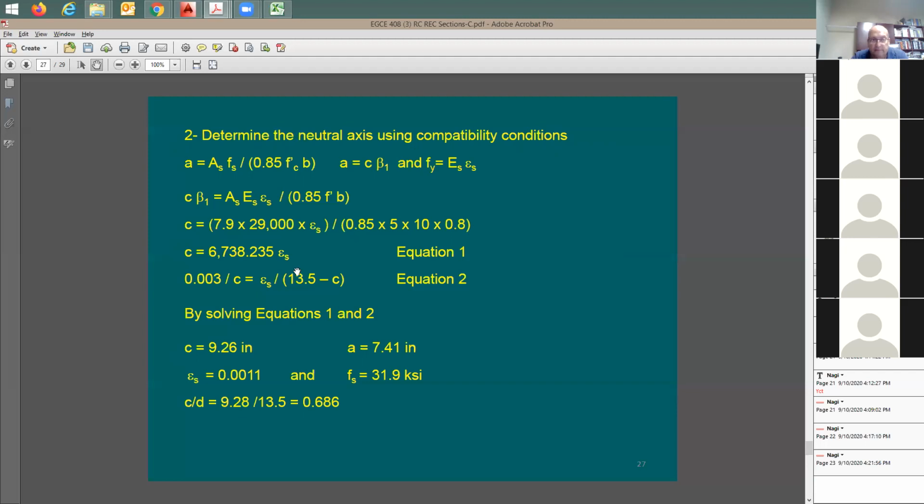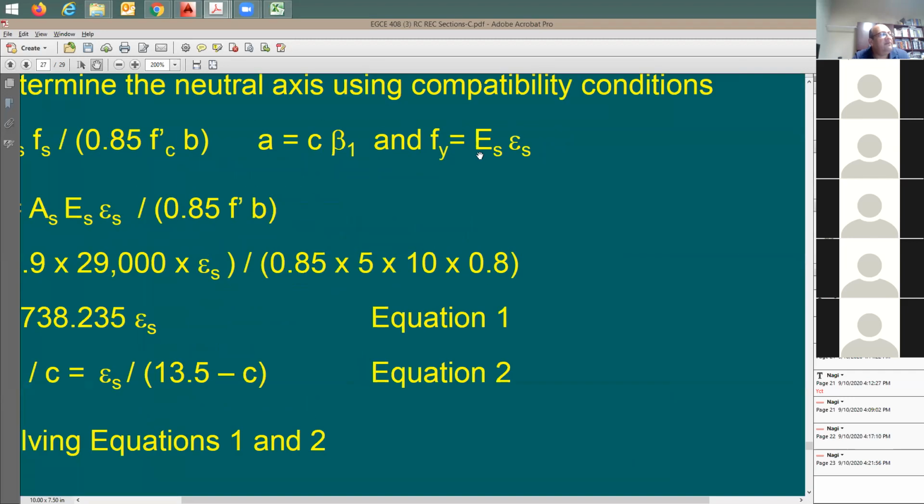So are you saying Fs and Fy are interchangeable? Because we have As times Fs. If you'd like to use this equation, now this is going to be epsilon y, if you like. This is going to be epsilon y. So this equation is valid.